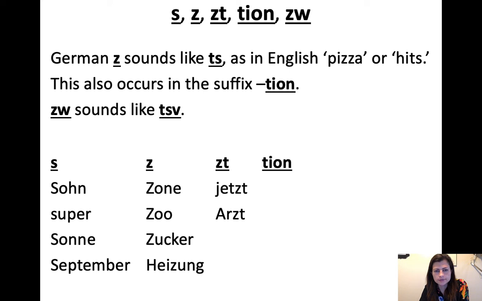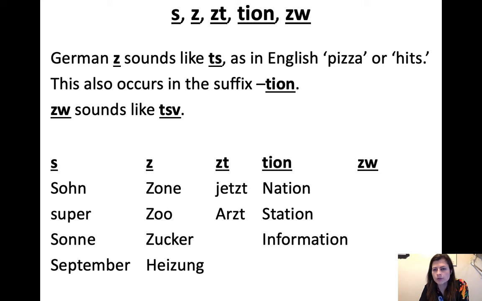Arzt. And then Sion is Nation. So it's like saying nut and then the S, like the TS in there. Nation. Station. Information.